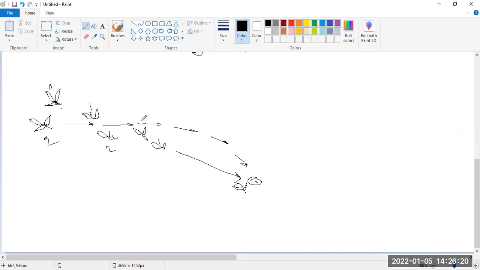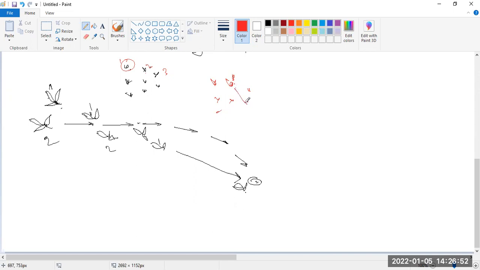How is this reached? The birds don't know which position they have to achieve, but they keep changing their position. Say this is one, this is two, this is three. After some time, one wants to achieve this position. They look the same, but they are changing their position.